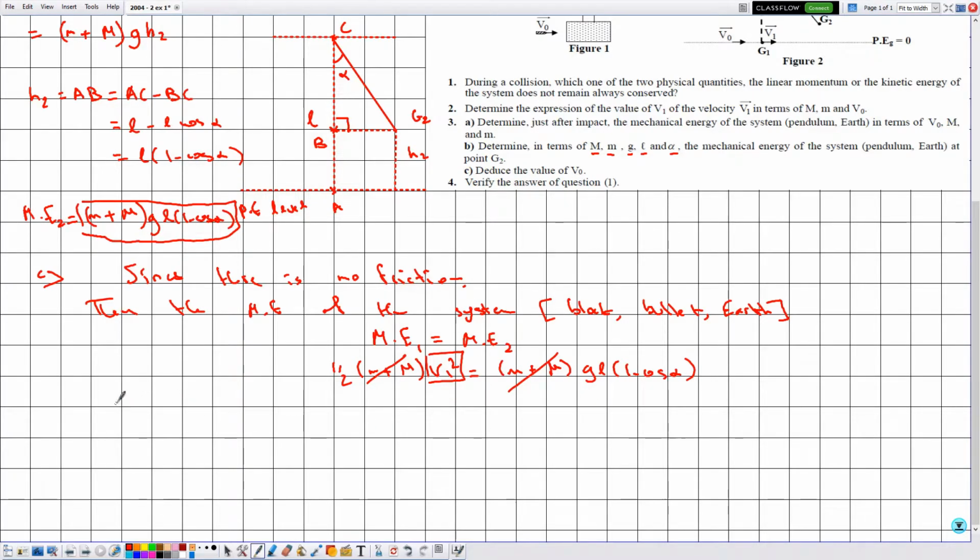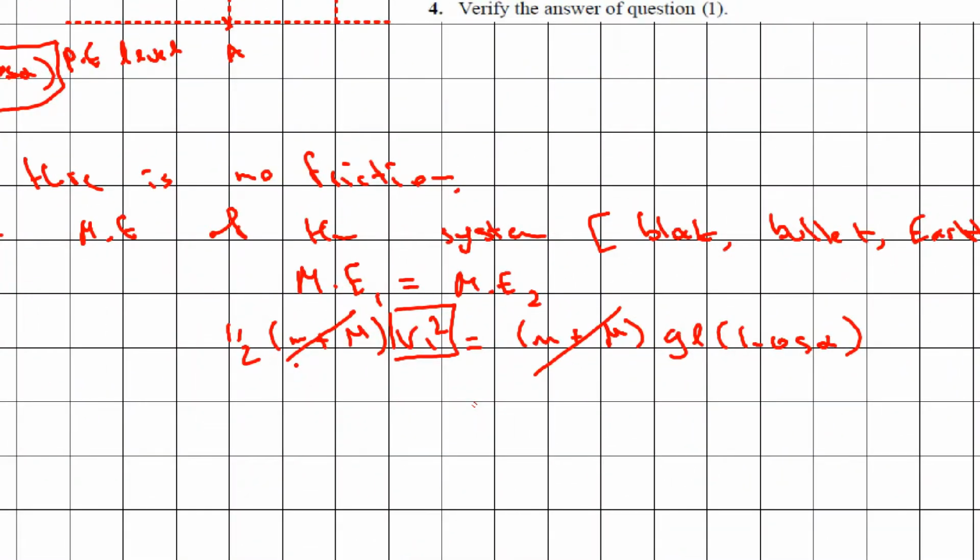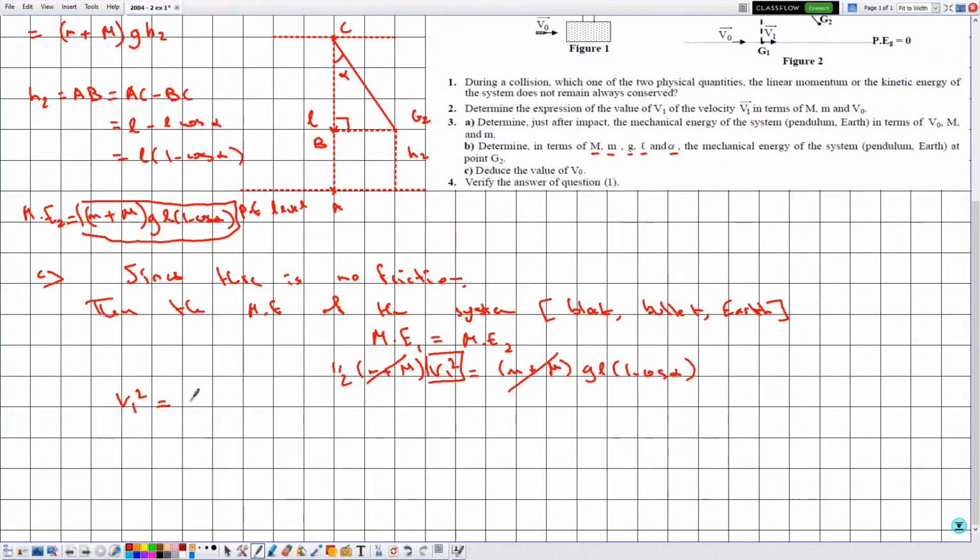So in this case, V1 square would be equal to, so here half, taking it to the right hand side, it will be a 2. So 2g into L into 1 minus cosine alpha. Now plugging this on the calculator, the value of V1 square would be given by 3.95.